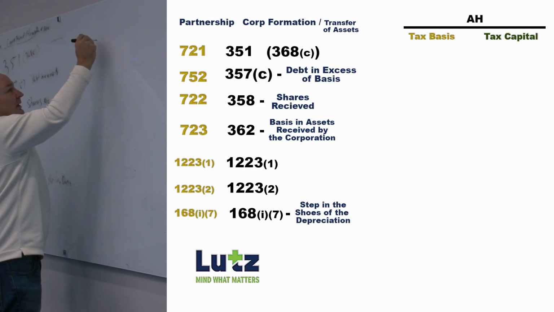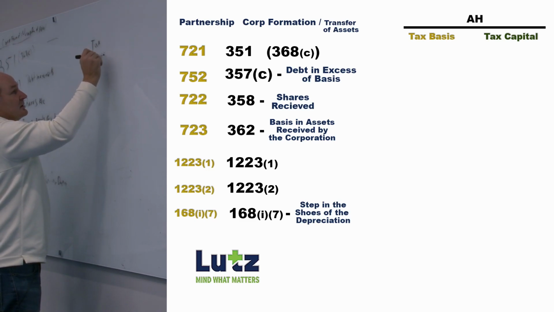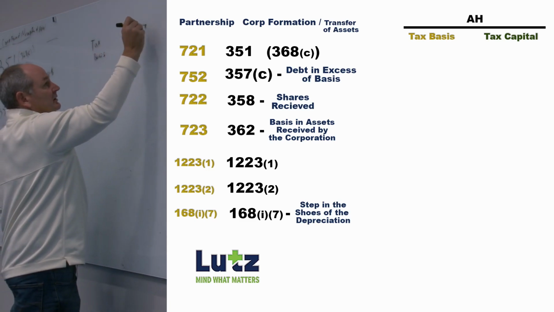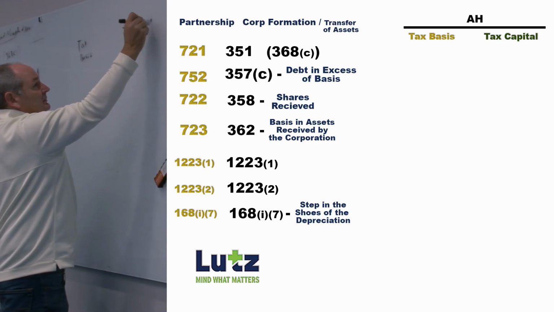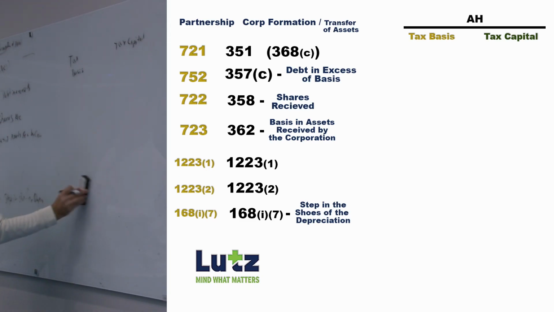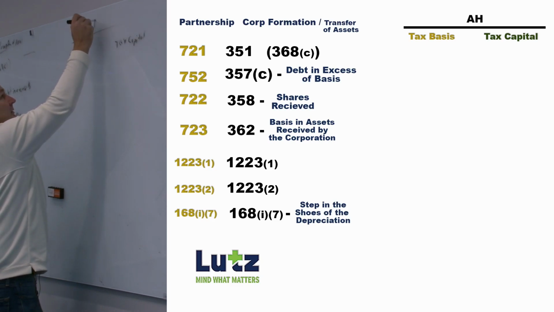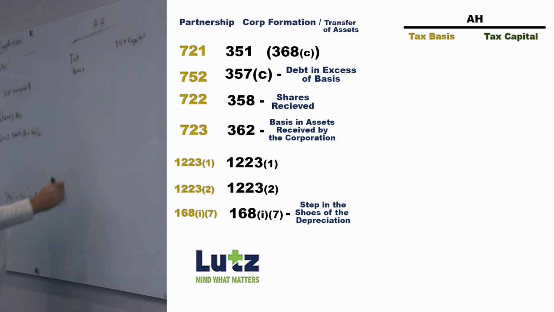Okay. We got time. So we have tax basis and we have tax capital. I'm going to say this is for Aaron Hoffman.